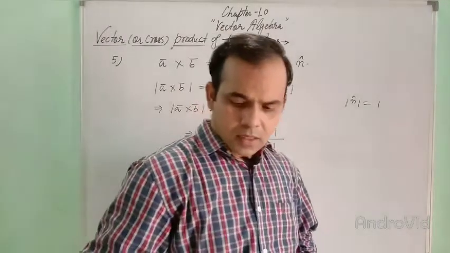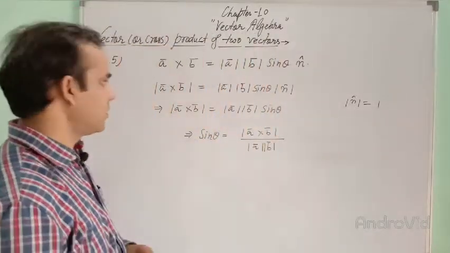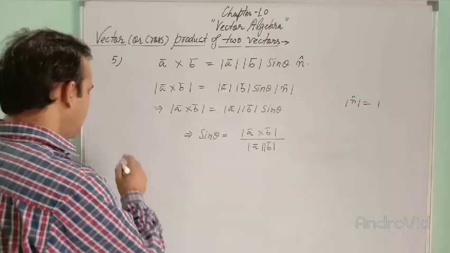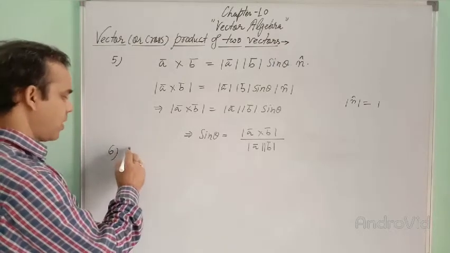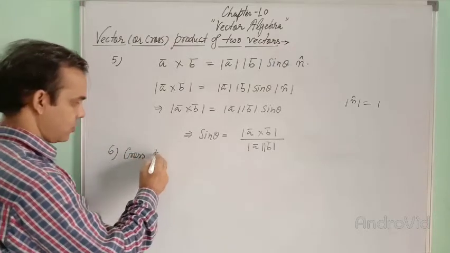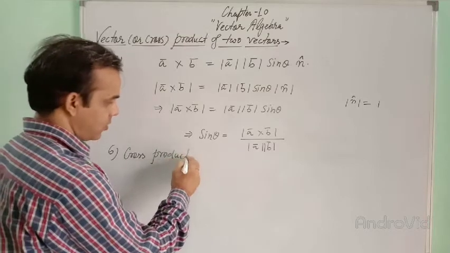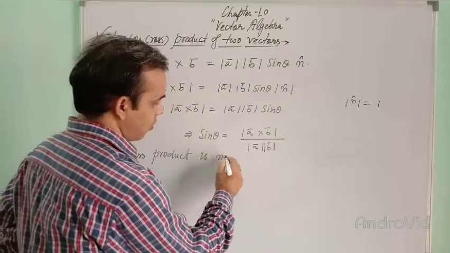Now the next point that should be discussed, that the cross product of two vectors is not commutative.